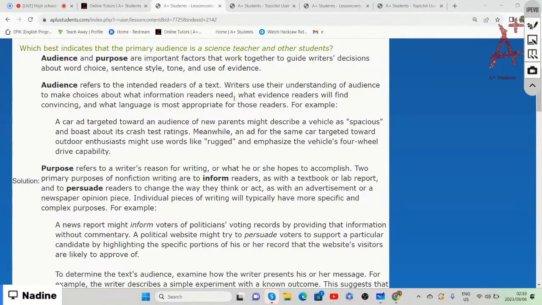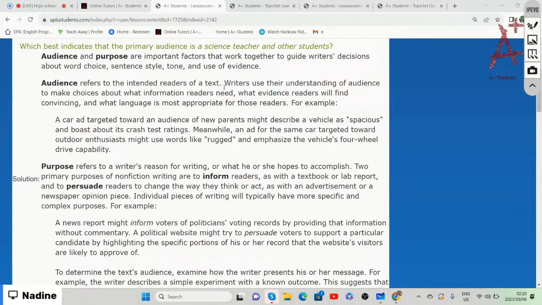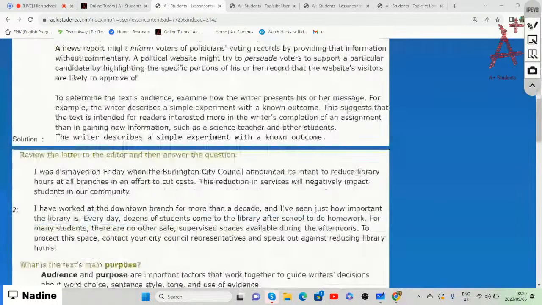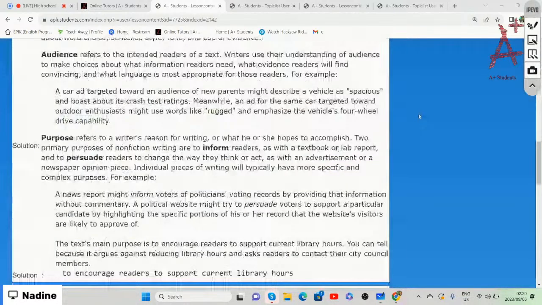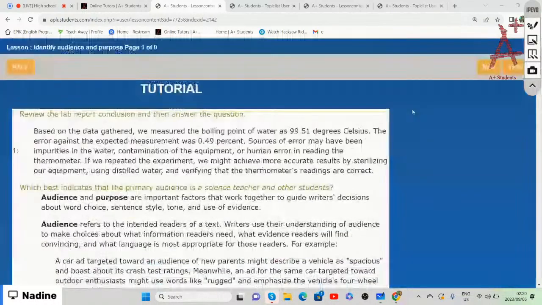Writers will be so persuasive in the sense that they would want you to either get a product or vote for a specific political party, right? And they would highlight specific portions in the record of the politician to make it seem as though this is the better candidate to stand for whichever position within a political realm.